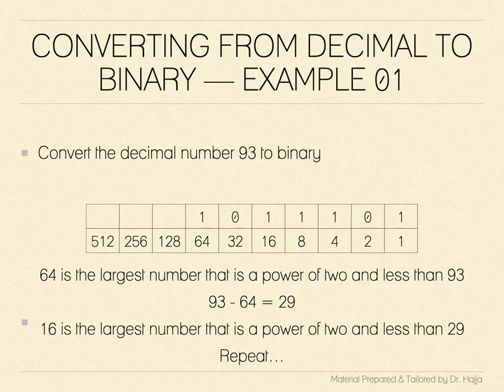The largest power of 2 fitting into 5 is 4, so we place a 1 above 4. Subtracting 4 from 5, we are left with 1. Finally, we place a 1 above the 1 in our table, and with no remaining value to account for, we have our binary number. So the binary equivalent of 93 is 1011101. The rest of the binary number, not explicitly listed in this conversion, are filled with zeros.